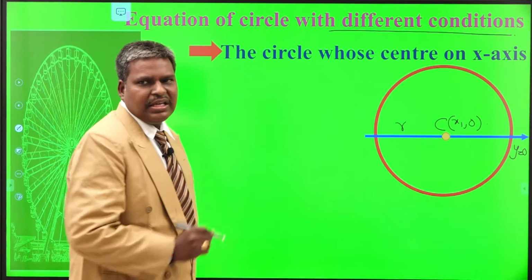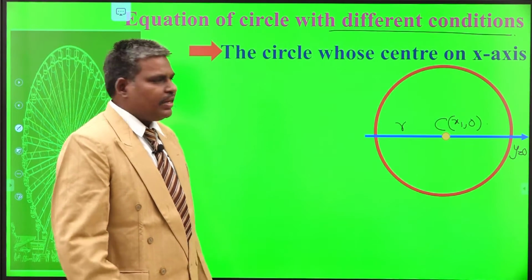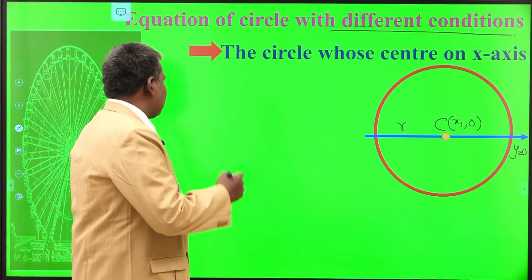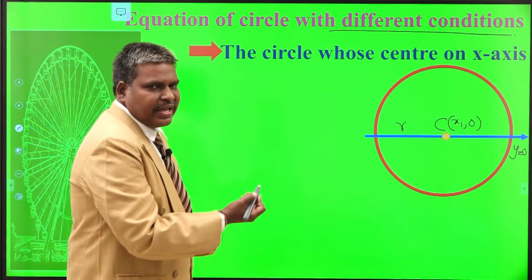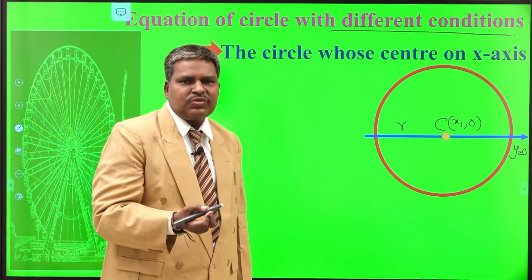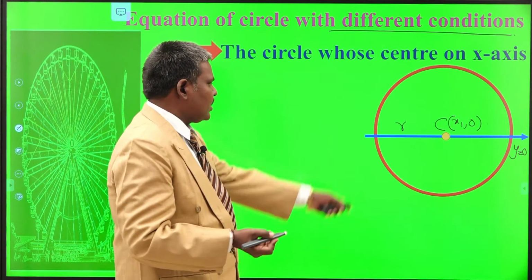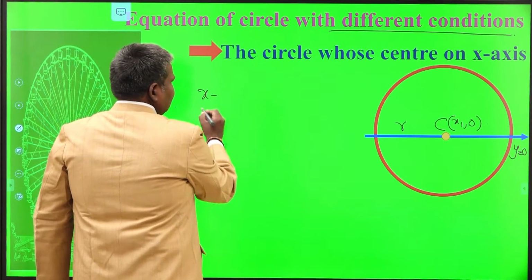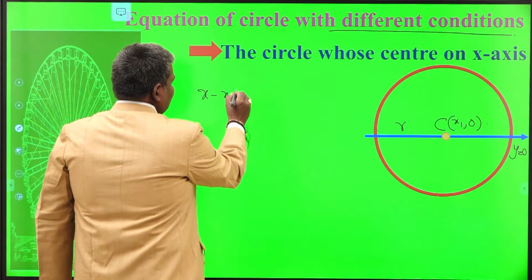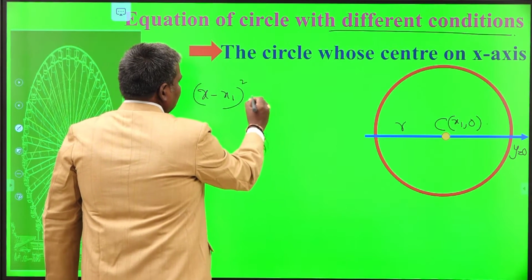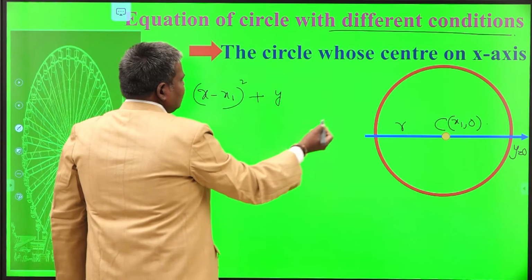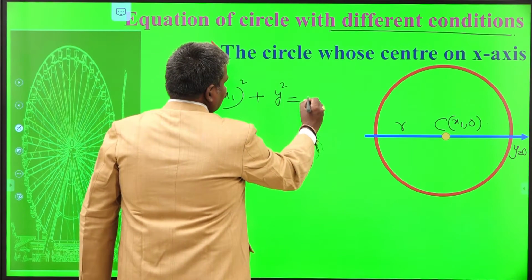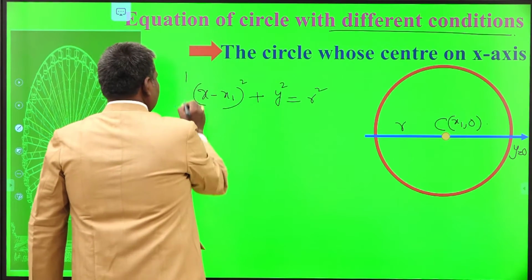Now can you write the equation of the circle or not? Immediately you can write it by the formula (x minus x1) whole square plus (y minus y1) whole square equals r square. Here y1 is 0. So I am writing the equation of the circle (x minus x1) whole square plus (y minus 0) whole square, which means y square, equal to r square.